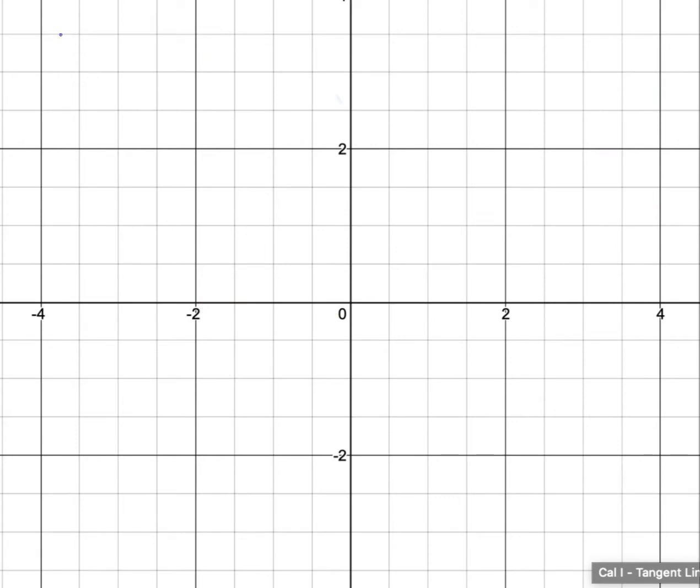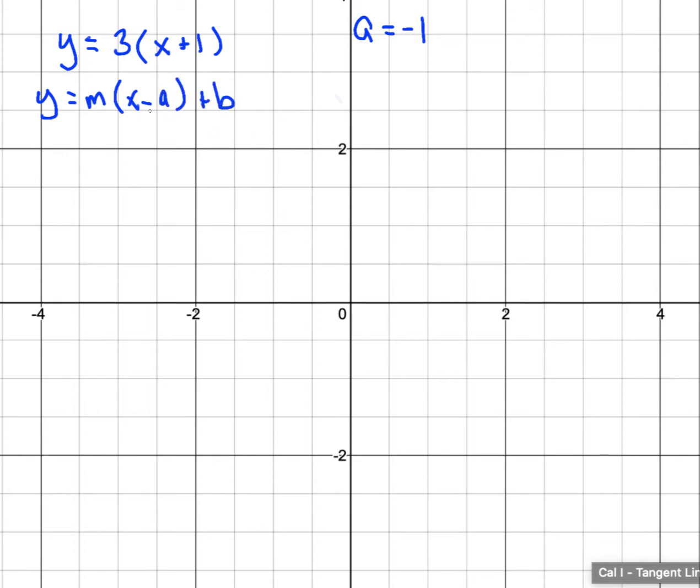Now let's say that y is equal to, say, 3 times x plus 1. And then, like we did before, now we have an a value. So a, if you recall, would be -1, because the general equation is y equals m times x minus a plus b.